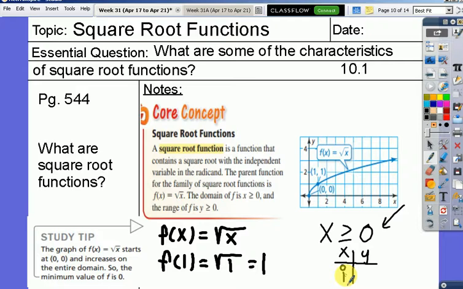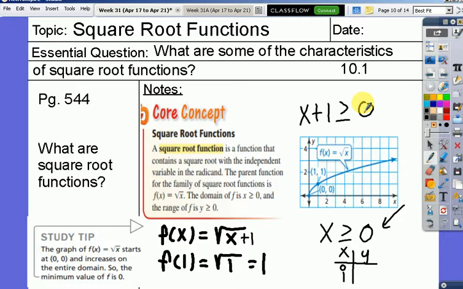Now, there are going to be different things applied to square roots that may change this slightly. So if, for example, I have an x plus 1, then I'm going to have to set x plus 1 greater than or equal to 0 and solve for x to find my new domain. Does that make sense? So whatever's on the inside of the square root, that's the trick. You set it greater than or equal to 0, and then you solve for x.